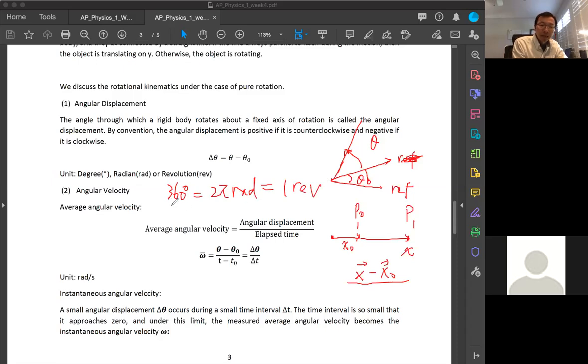Okay, yeah, so that would be the conversion you need to know about the angles, or say displacement. But in physics, which unit do we prefer? Usually we prefer using the radian, because radian is a unit that is considered dimensionless.